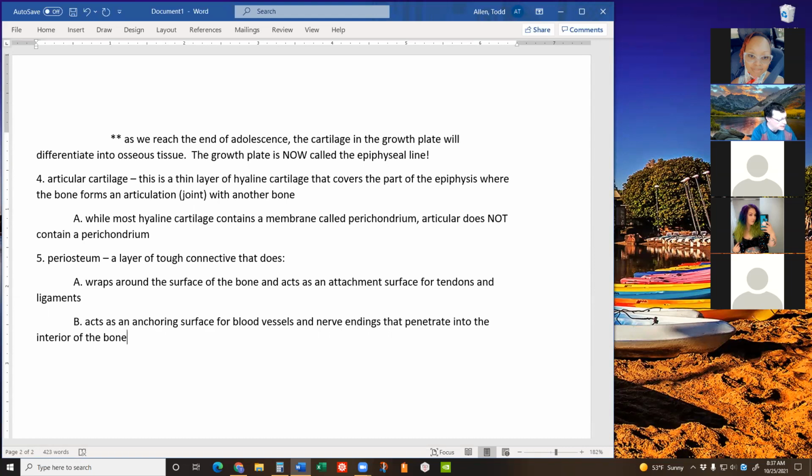As you look carefully at that artist drawing, notice that there are these blue and red colored blood vessels, these arteries and veins, that are penetrating deep into the interior anatomy of the bone. And to do that, they actually have to go through the periosteum membrane. So the periosteum membrane provides a way to tack down or anchor the blood vessels as they penetrate into the interior of the bone.